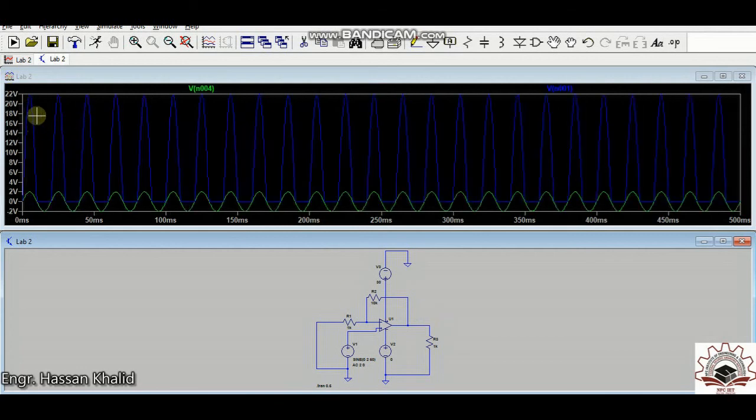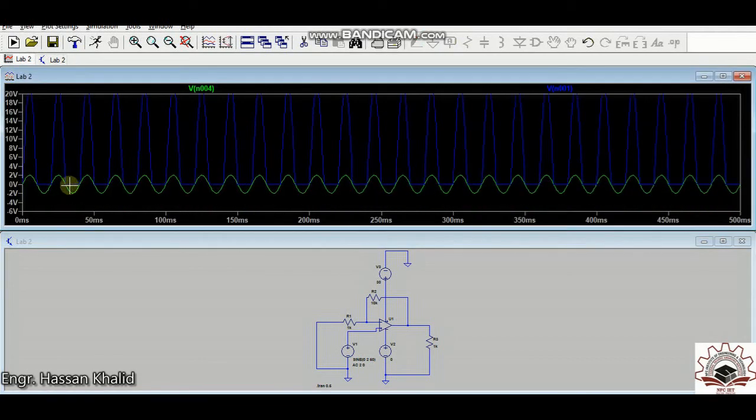Now let's see. You can see that the positive cycle is being amplified with the same gain value, which is 11, the gain of the system, and 2 was the input voltage, so 22 volt is the output for the positive cycle. And if you visualize this, the negative cycle has been clipped, no data is being fetched from this side.